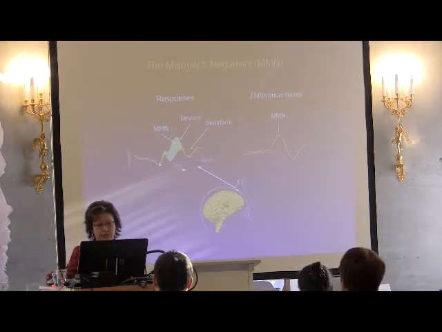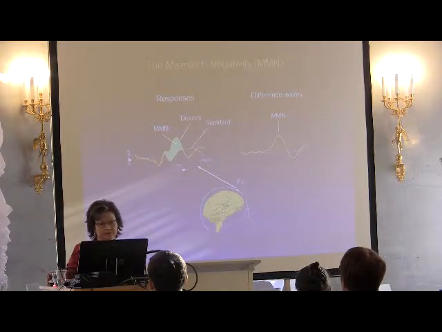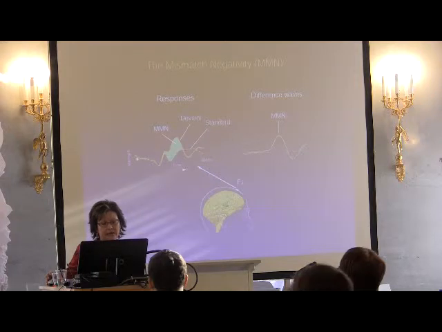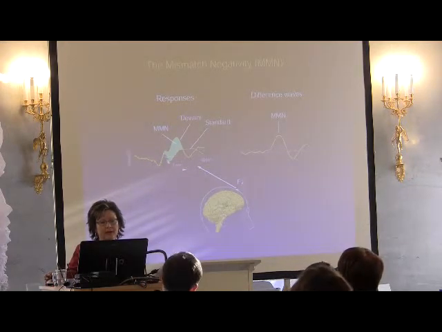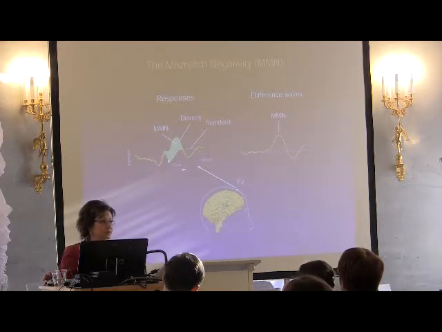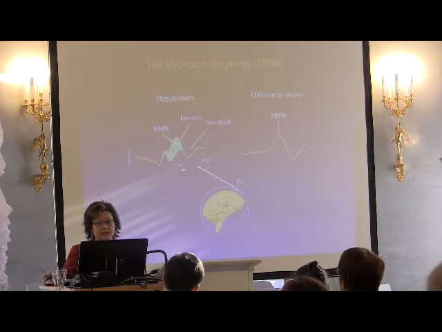When you present sounds to a participant, they elicit in adults a response like this, as shown with the dashed line here. So there is first the P1, then N1, and then P2. And if there is a change in the sound sequence which is perceivable for the participant, then an MMN response is elicited, which you see here.